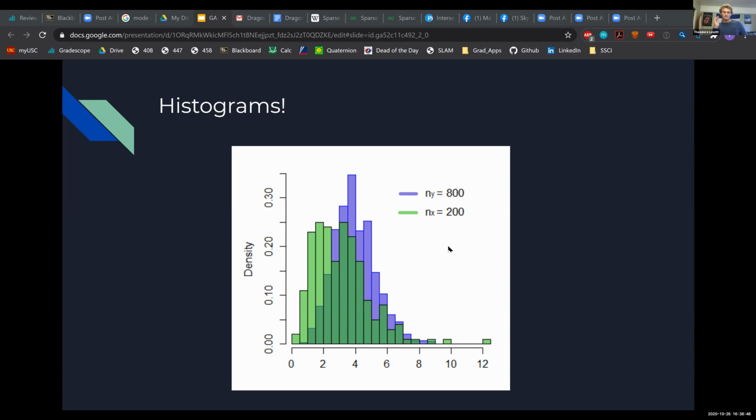And so now, if they were the exact same distribution, they would look the exact same. They'd have roughly the same number throughout all of them, or the same shape of the histogram.